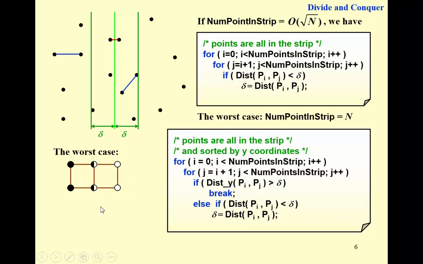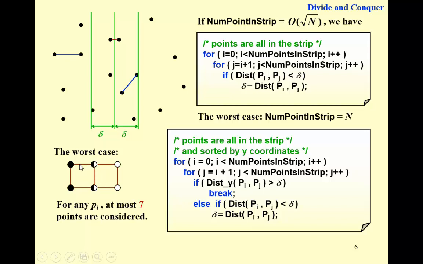In the worst case, we only have to consider at most 7 other points. One of the points must be P sub i itself. Okay, and at most there are altogether 8 points sitting all at the corners. Why is it impossible to have any point inside?